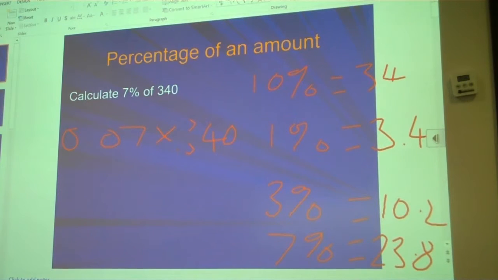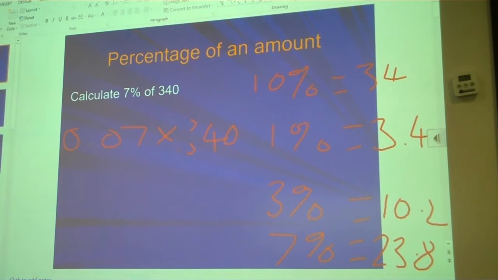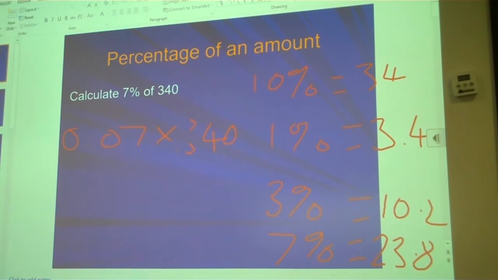So if I was calculating 28% or something, David, what would my multiplier be? No, if I was finding 28% of something, what would my multiplier be? If I had a different question and I was finding 28% of any amount, 0.28, that would be my multiplier.